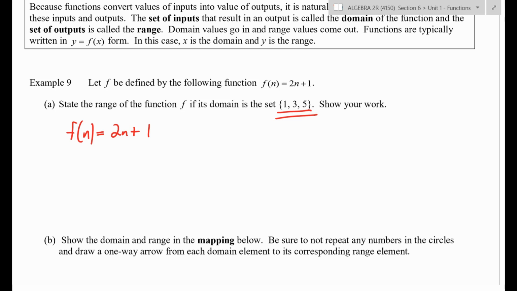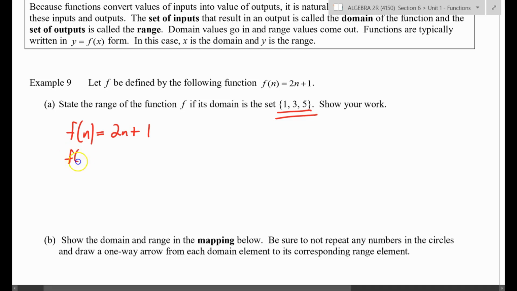That's what domain means, right? These are the only things that I'm allowed to use in this function. So I'm going to plug them in to figure out what the outputs are, right? Because for every domain value, I may have a range value that correlates, right? I'm going to plug in 1, 3, and 5. And when I do that, I'm going to get 3, 7, and 11.